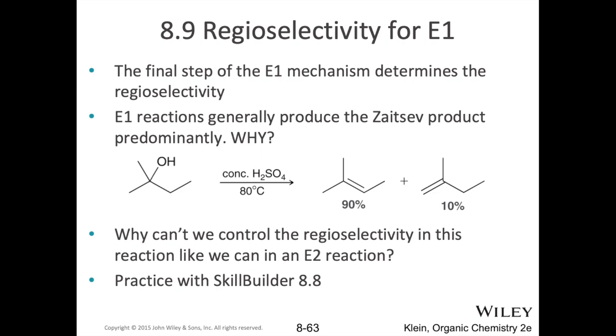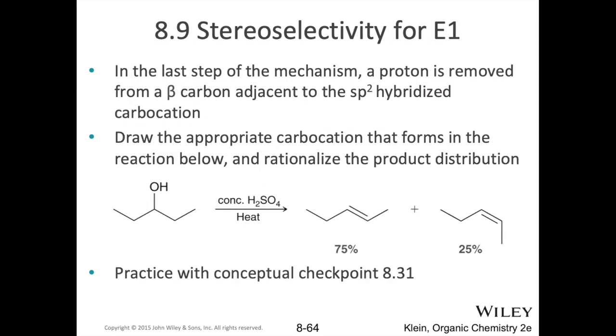All right, so unlike E2 mechanisms where you have a lot more control over regioselectivity depending on what type of base you use, E1 mechanisms generally prefer the Zaitsev product. Just the thermodynamic product wins out here. Regarding stereoselectivity, again, we're going to produce that trans product a little bit more. That's typically more stable.